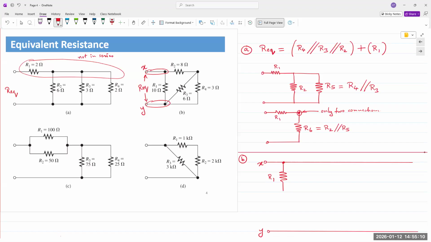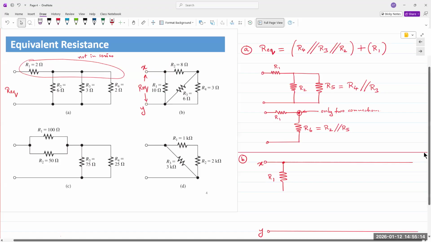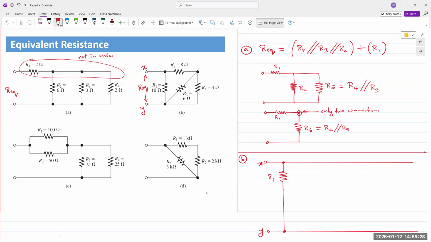So get from X to Y. So I look at R1. R1 is connected to X. And then the other end of R1 is connected to Y. So I can just draw a straight line down there. So far, so good. Sorry, what else is connected to X?